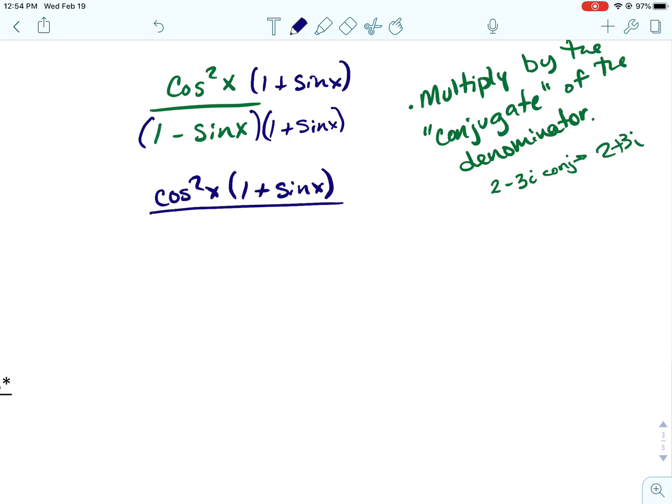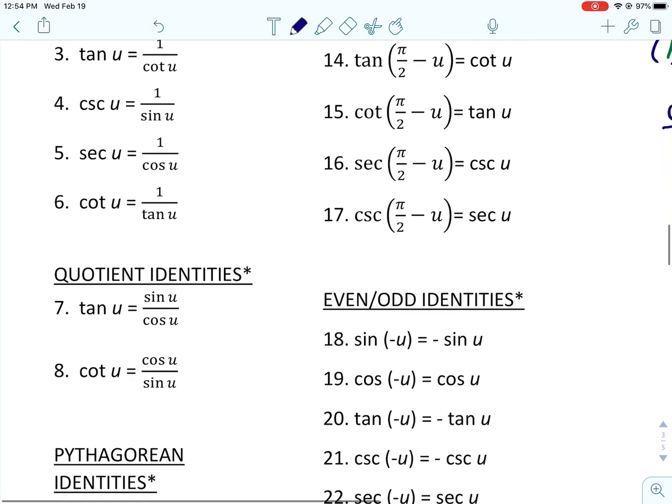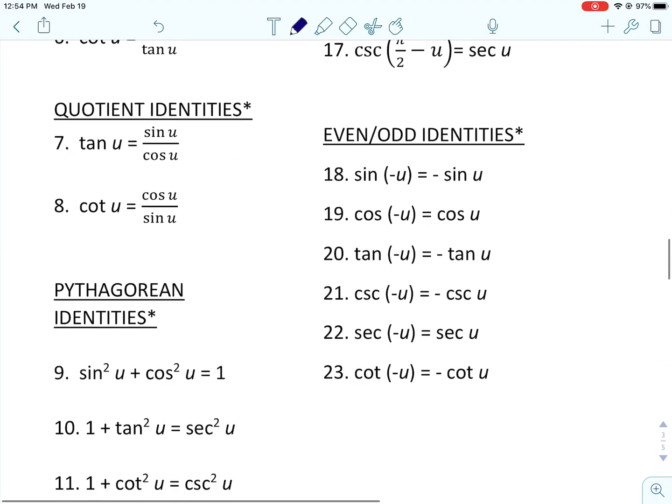And then in the denominator, we do need to multiply, but because they're kind of like conjugates, we don't have to distribute everything twice. We can just do 1 times 1, and then negative sine of x times sine of x is negative sine squared of x. Okay, so look at your identities. Does 1 minus sine squared of x equal something?